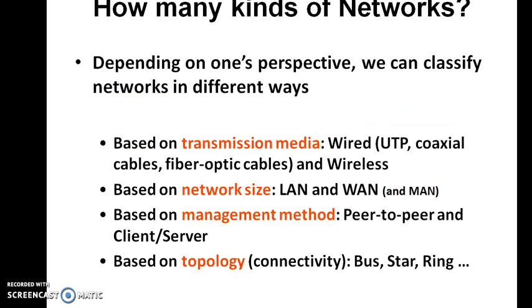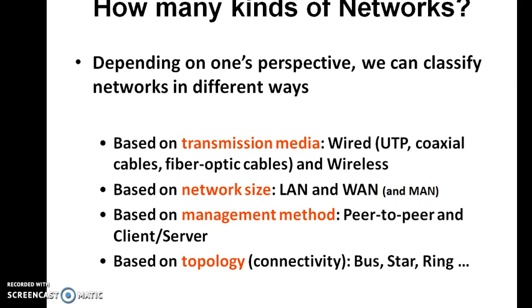Let's move to video 2. In this we have discussed the various perspectives for network classification. Depending on the perspective, you can classify the network. You may classify networks based on transmission media, wired and wireless.